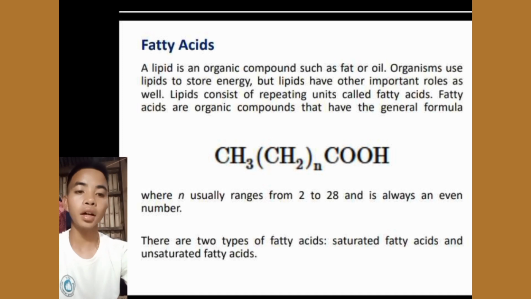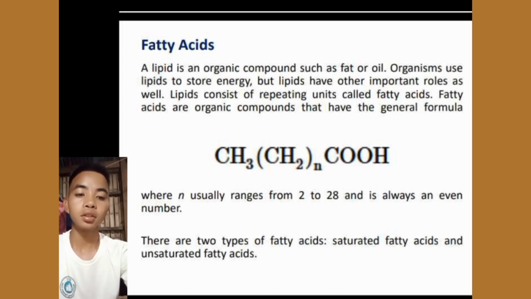So, here are the 8 examples of fatty acids: palmitic acid, stearic acid, oleic acid, linoleic acid, alpha-linolenic acid, arachidonic acid, docosahexaenoic acid or DHA, and last one is icosapentaenoic acid or EPA.